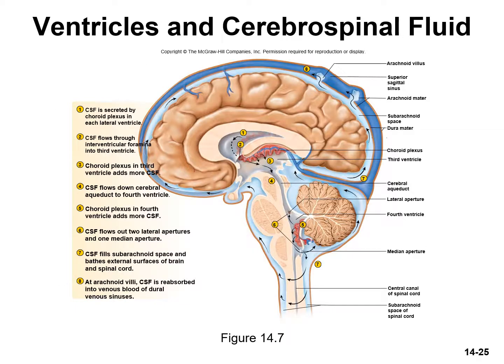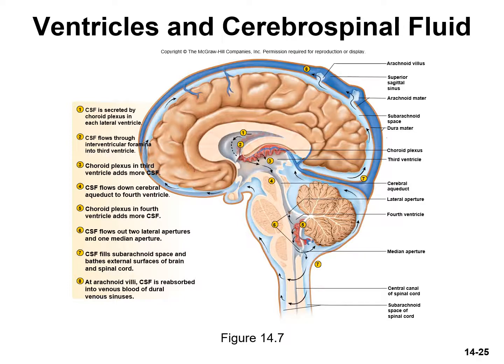So this just shows the flow of cerebrospinal fluid. It starts here with number 1. So the cerebrospinal fluid is secreted by the choroid plexus in each of the lateral ventricles. So the lateral ventricles are basically right inferior to, or almost within, the corpus callosum.